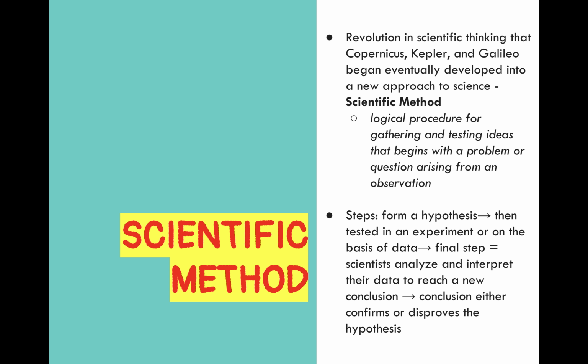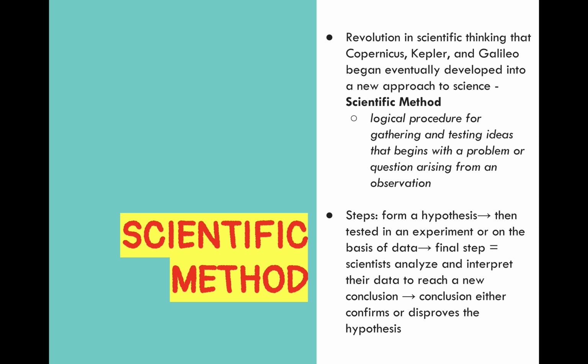So that revolution in thinking that Copernicus and Kepler and Galileo began developing becomes this new approach to science called the scientific method, which you guys use in your science classes today when you do experiments. It's that logical procedure for gathering and testing ideas that begins with a problem or question arising from an observation. Okay?